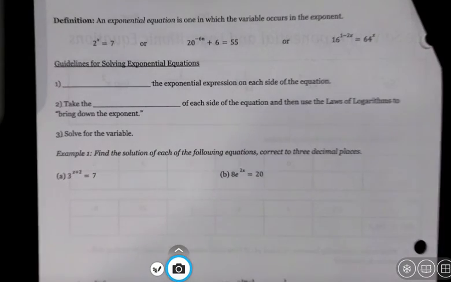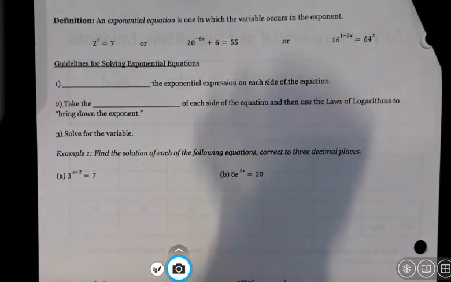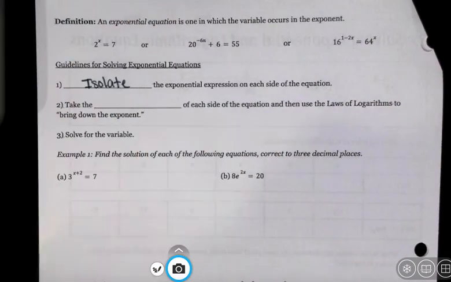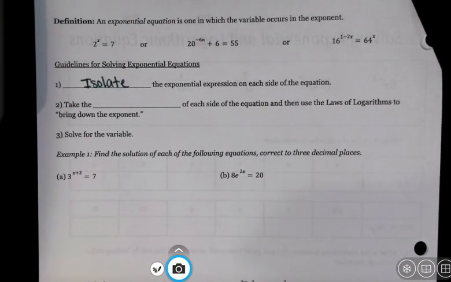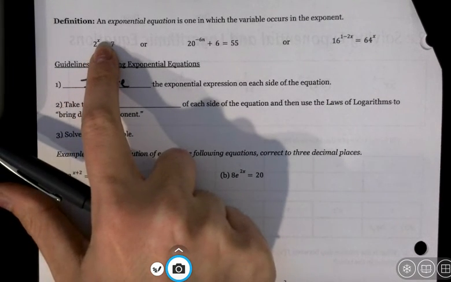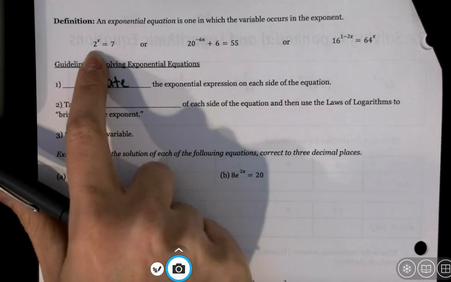And then our first thing that we want to do when we solve this is isolate the exponential expression. What I mean by that is wherever your variable is, it's connected to a base that has that exponent. That needs to be by itself. So if I look at this first example here, my variable is this x in the exponent on the 2.